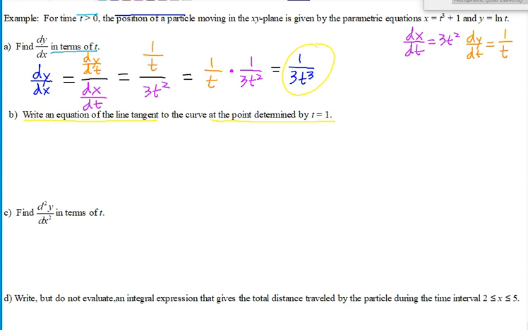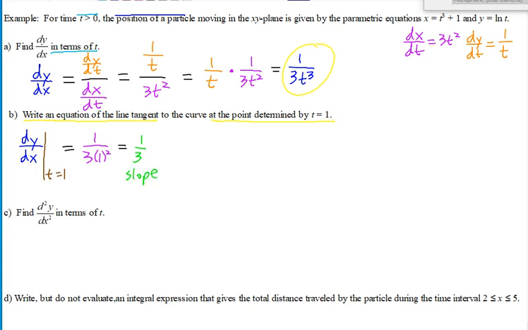So the first thing we can do is substitute t equals 1 into that, and we'll get 1 over 3 times 1 squared, which gives us 1/3. So there's the slope of the tangent line.